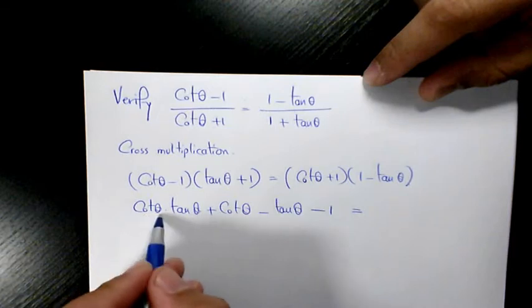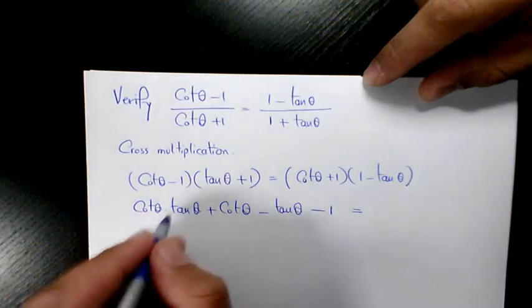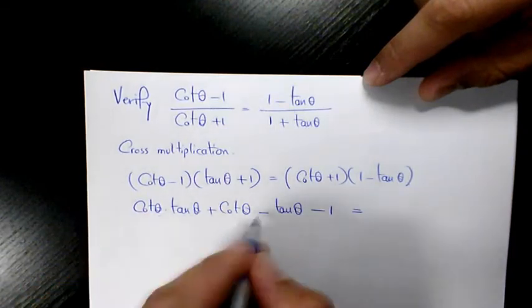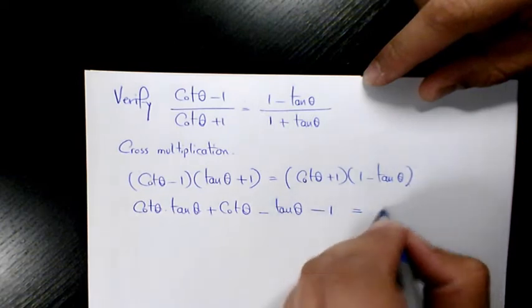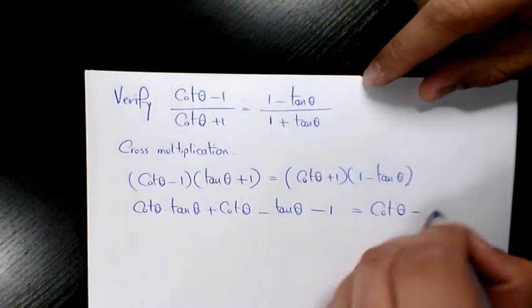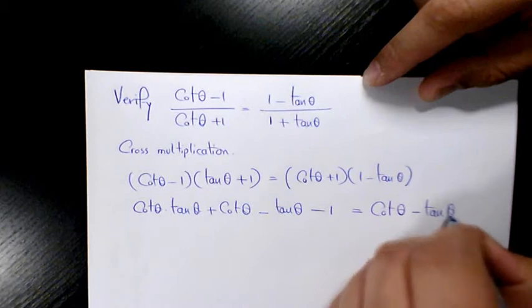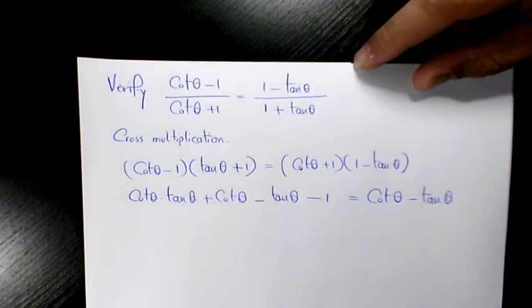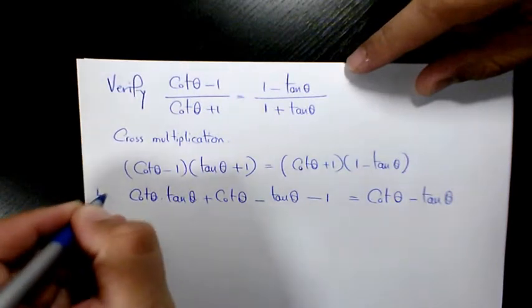We know cotan theta times tan theta is going to be 1 because they are inverse of each other. So 1 minus 1 is going to be 0. So we have cotan theta minus tan theta. Now let's do the other one. That's the left side.